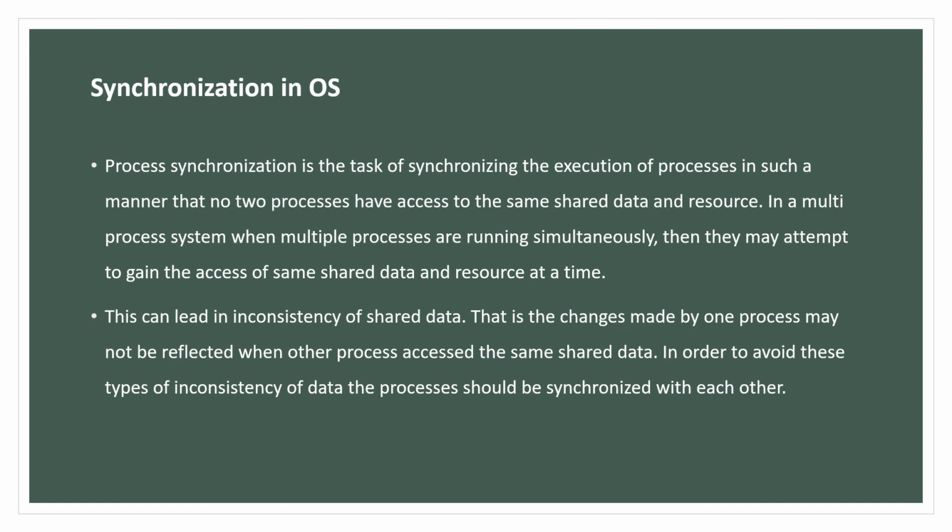That is, the change made by one process may not be reflected when another process accesses the same shared data. In order to avoid this type of inconsistency, the processes should be synchronized with each other.